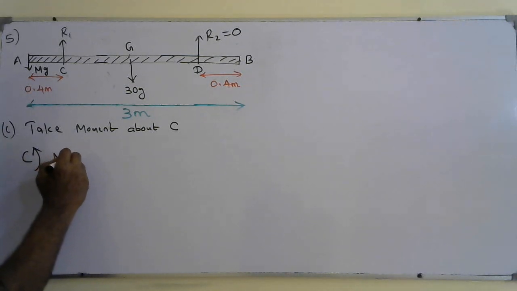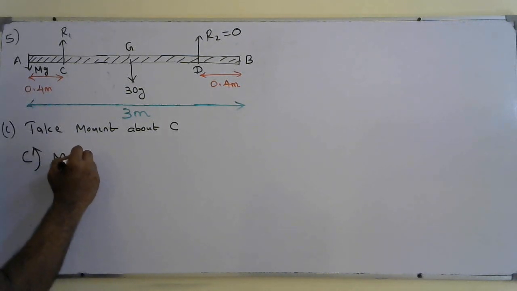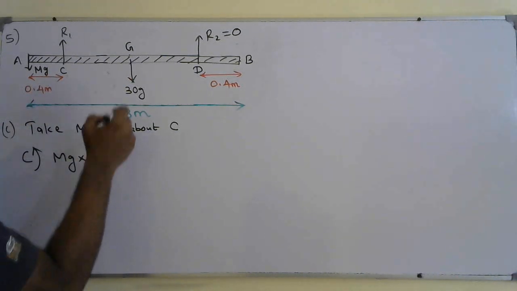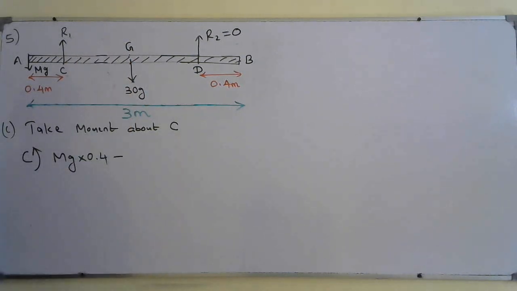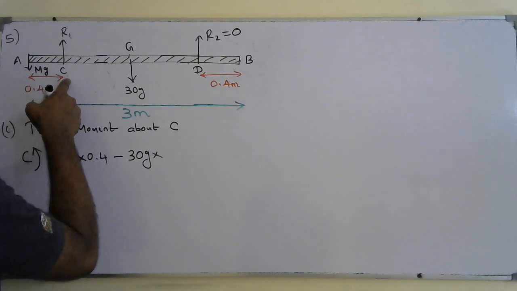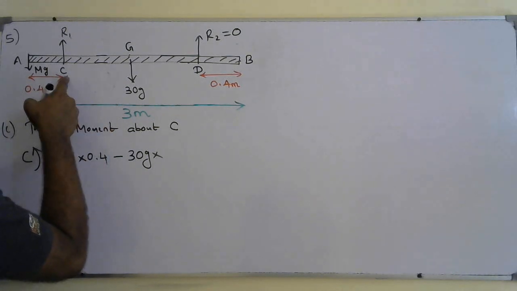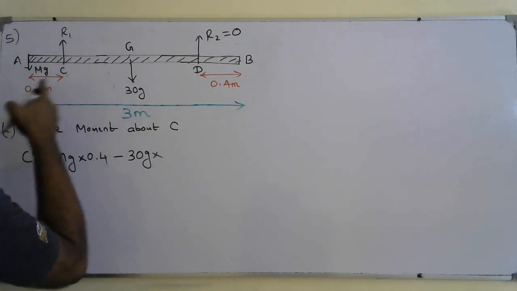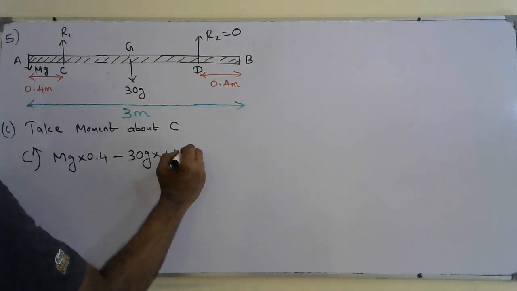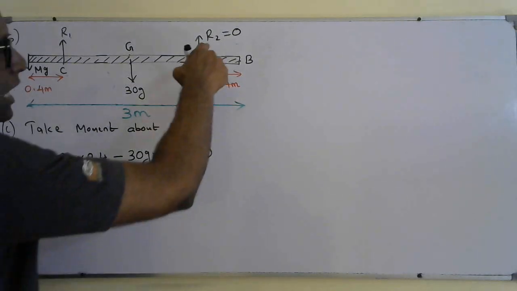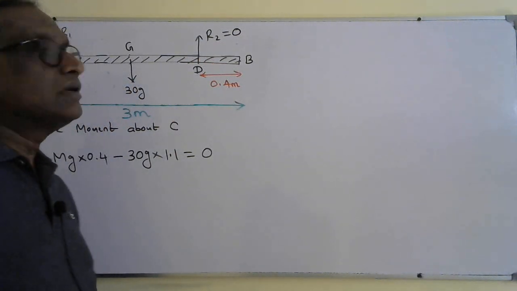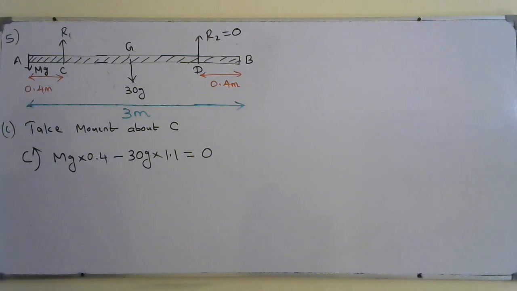So mg into 0.4, that's the only force this side, minus the second force in clockwise direction, that is 30g, into distance of 30 from C, this is 1.5 minus 0.4, that is 1.1, equal to 0, because R2 is 0, it's going to tilt, that is slightly move away from the contact point from D.